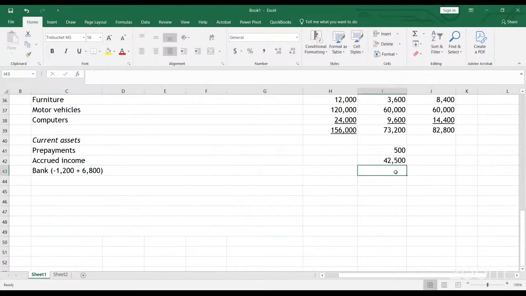So this will be negative 1,200 plus the 6,800. So now our bank balance will be, sorry, I think it should be the 6,800, which is positive, minus the overdraft of 1,200.